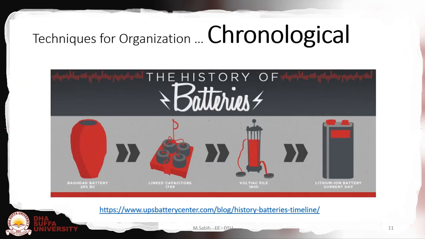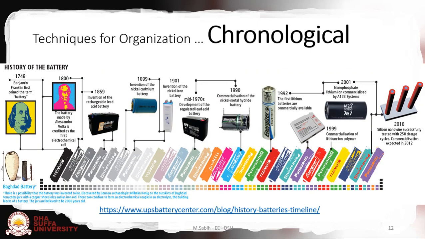For example, the history of batteries. Currently we have lithium-ion batteries, and you can go back and trace a dated history of batteries from the Baghdad batteries of 250 BCE up to current-age batteries. This picture shows, for example, 10 or 15 sources, starting from the very basics.